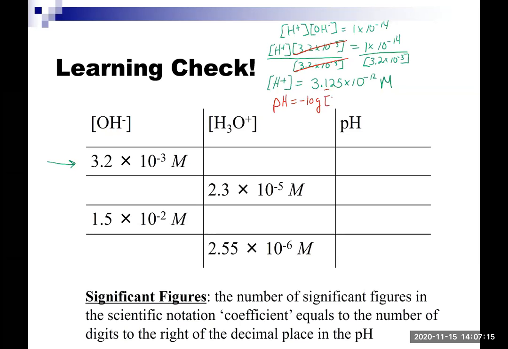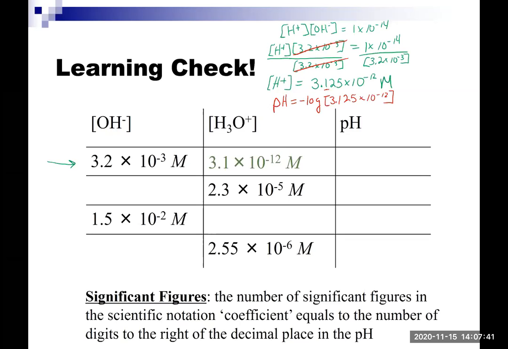So I'll just write this here so you have it. And again, I'm going to use all those digits when I calculate the pH, but when I report the H3O plus concentration, I'm going to report it with the correct number of significant figures, 3.1 times 10 to the minus 12.